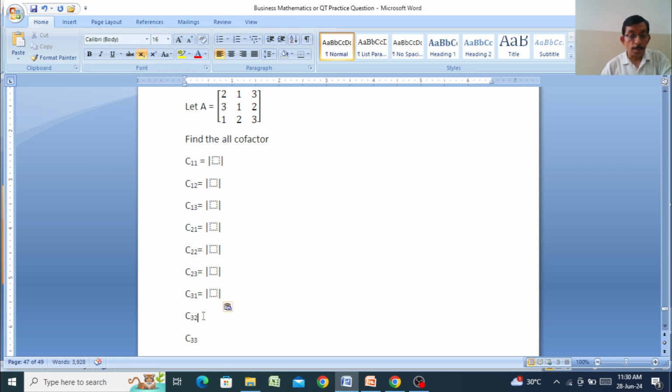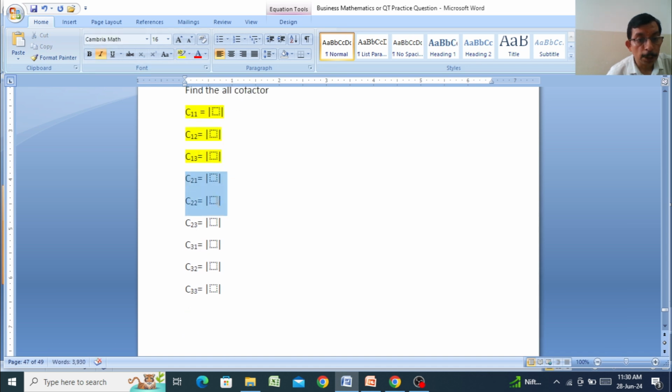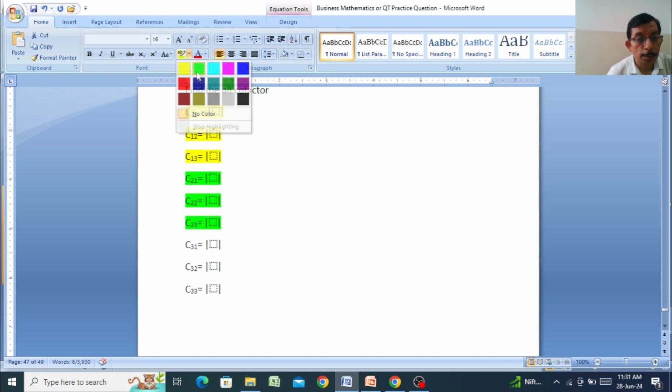Now we find each cofactor of the given matrix one by one. C11, C12, C13 are the first row cofactors, C21, C22, C23 the second row cofactors, and C31, C32, C33 the third row cofactors.